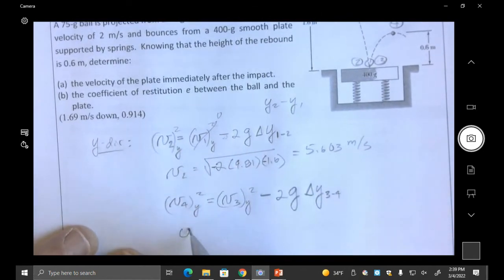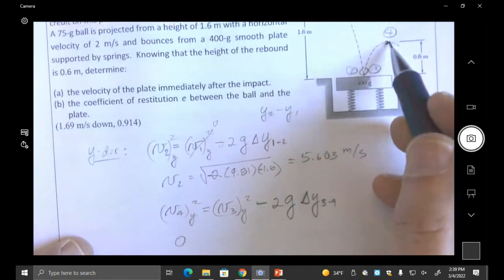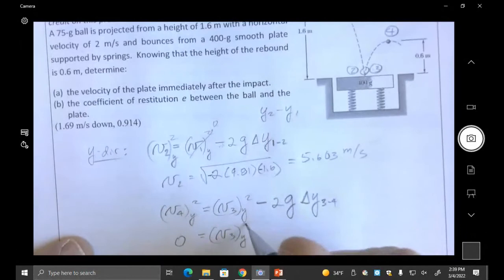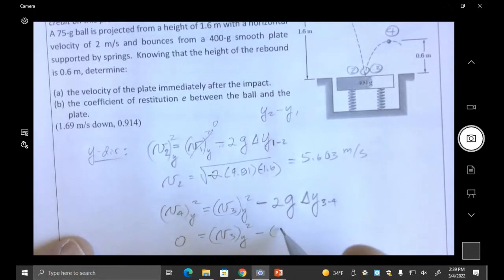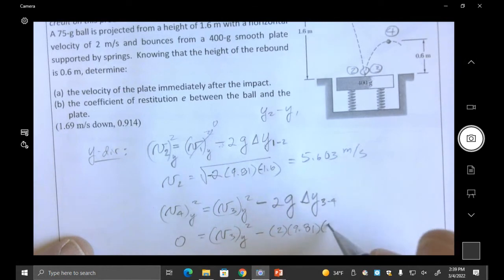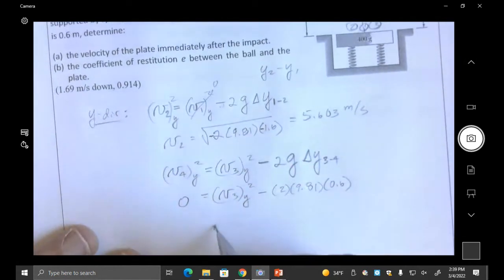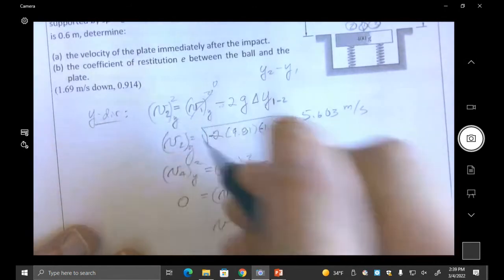And so this is going to be 0, because that's the height in the y direction reached, and we're trying to find this guy, minus 2, 9.81, and it reaches 0.6 meters. And I guess that should still be y direction.